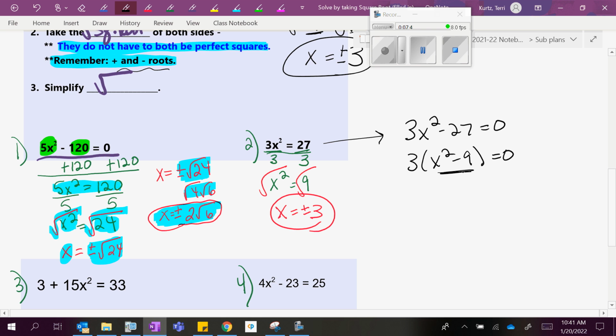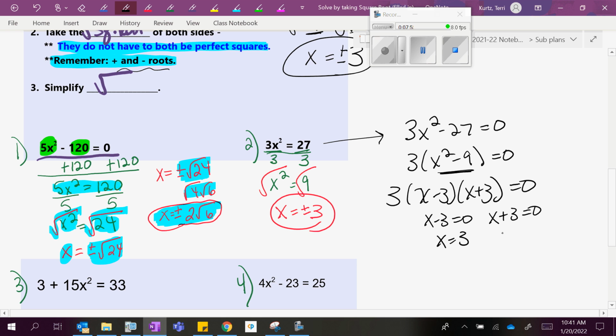We factored the inside, we recognized it was difference of squares, and we solved each factor, setting them equal to 0. Look what we got: negative 3 and positive 3, which is exactly what we got here.